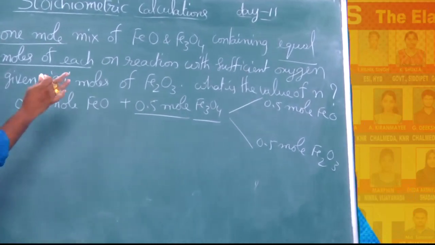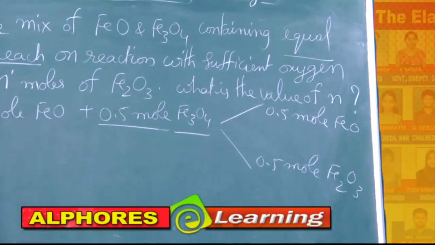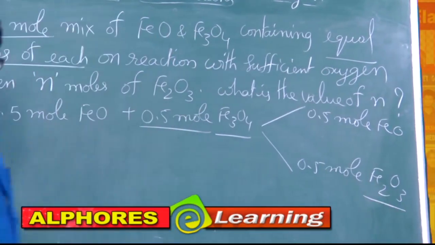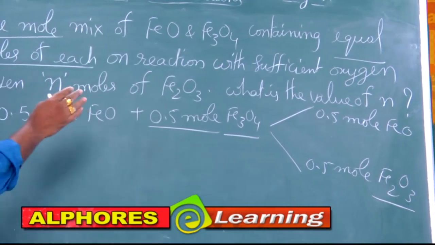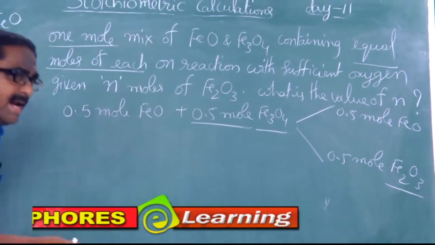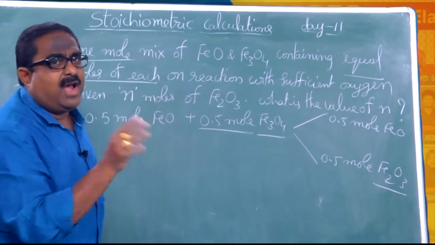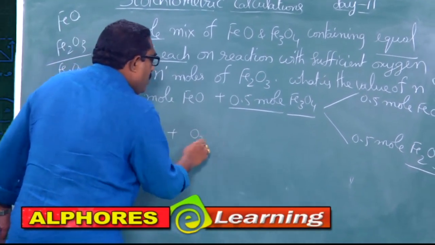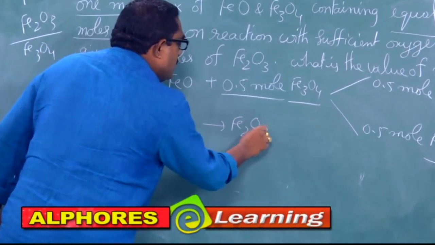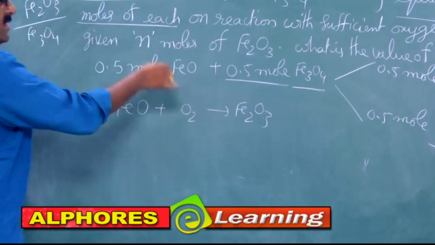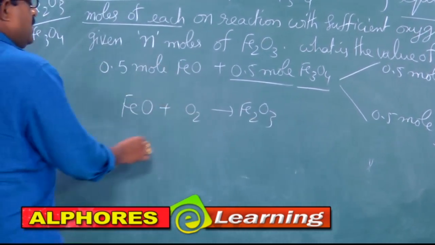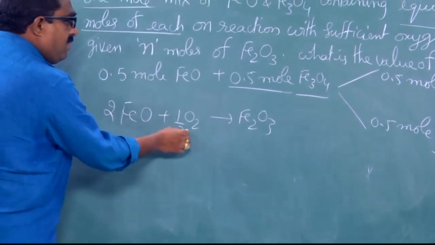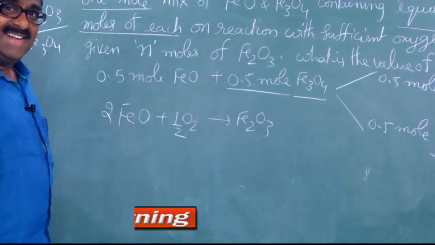Now, this mixture is reacting with sufficient oxygen. This is already the higher oxide Fe2O3. FeO, the lower oxide, on reaction with oxygen can convert into a higher oxide. So, I am writing the reaction: FeO plus O2 gives rise to Fe2O3, lower oxide to higher oxide on combination with oxygen. Now, you balance this: 2 FeO plus half O2 gives rise to Fe2O3, balanced equation.